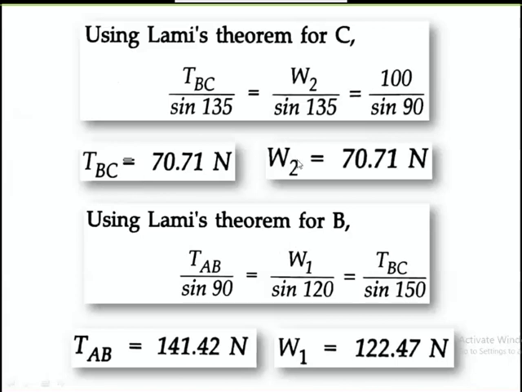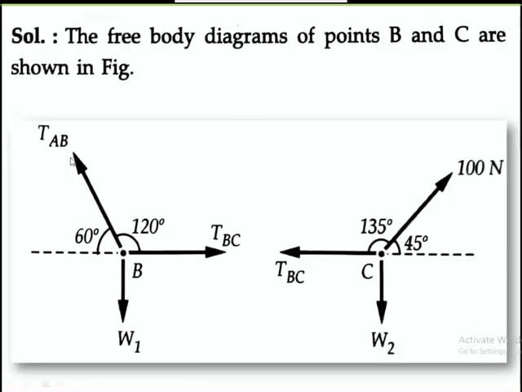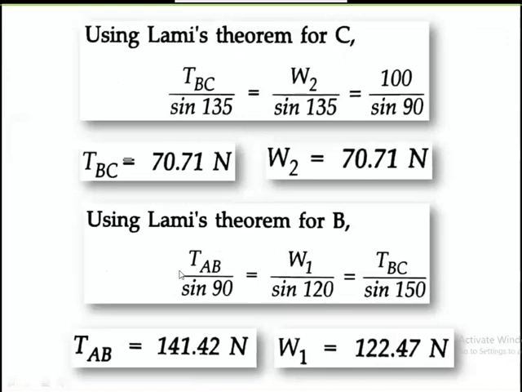Next, we will use Lami's theorem for the joint B, that is TAB divided by sine 90, TBC divided by sine of 90 plus 60, W1 divided by sine 120. You can observe here we will get the values of TAB and W1.